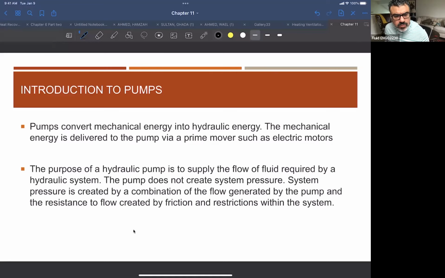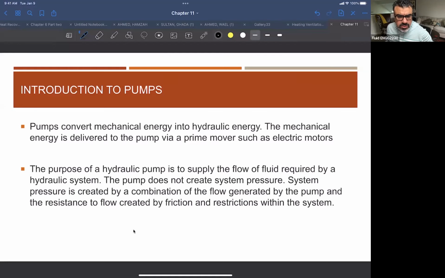Okay, so a pump is basically converting mechanical energy to hydraulic energy. And this hydraulic energy can later be considered as flow energy, because here we're talking about pressure. But pressure is not the only thing that we need. We need this pressure to move a flow rate that is that much.